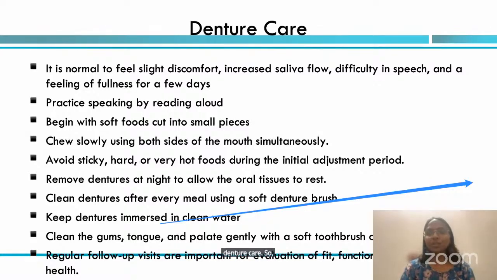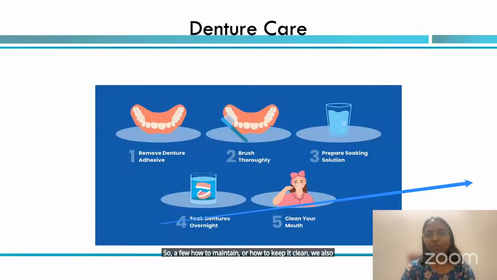Denture care. Once a denture is delivered to any of our patients, the geriatric population, we have so many instructions given to them for its use. A few on how to maintain or keep it clean, we also want to teach.